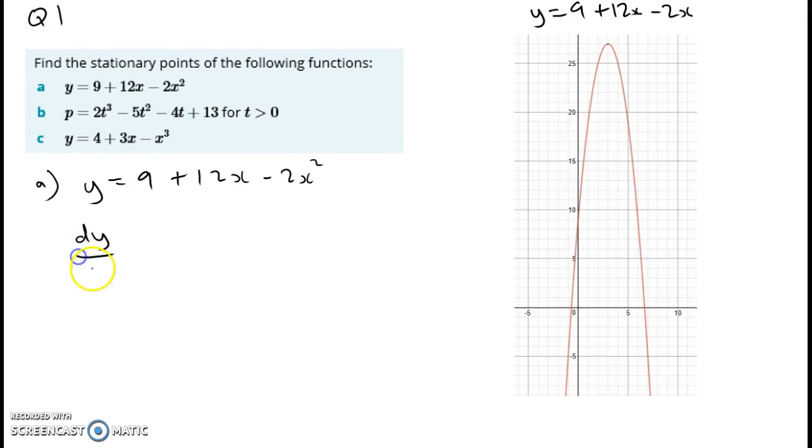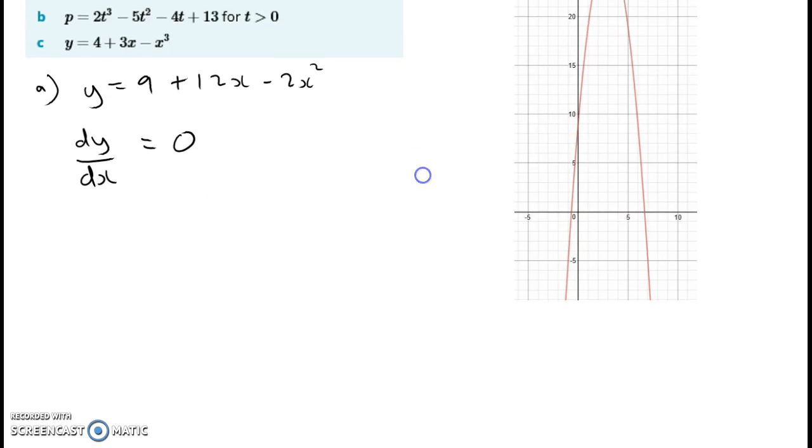So dy/dx, we need dy/dx equal to 0. So our derivative of this y here will be dy/dx equals 12 minus 4x. We solve 12 minus 4x equal to 0.